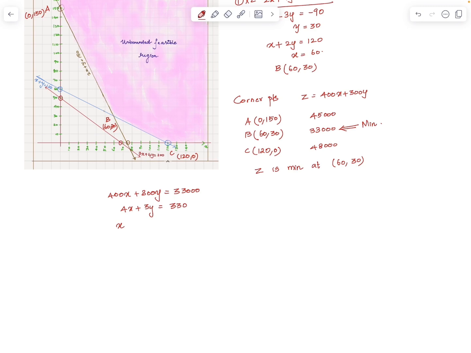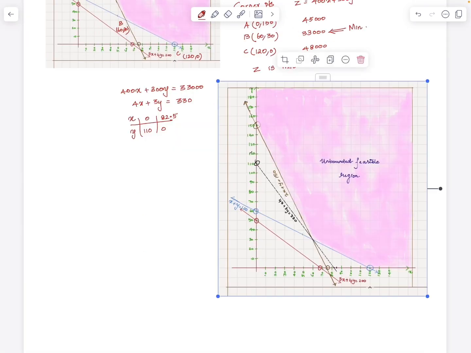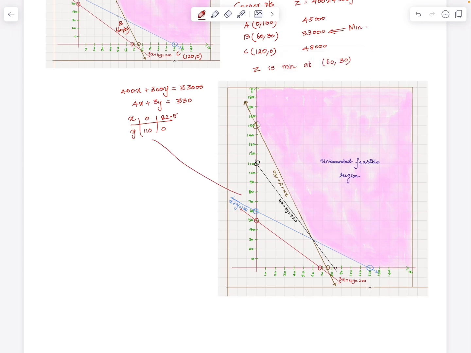For X 0, we get Y as 110, and for Y 0, we get X as 82.5. Now this line has to be plotted on the same graph. After plotting, the graph looks like this, and this is the line that I have marked, the dotted black line.